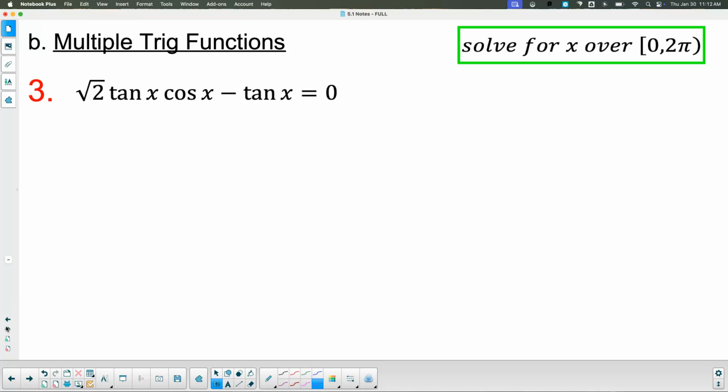Kick it up a notch. Now we can have multiple trig functions in there. And we're still going to be solving it. Square root 2 times the tangent of x times the cosine of x minus the tangent of x equals 0. Okay?